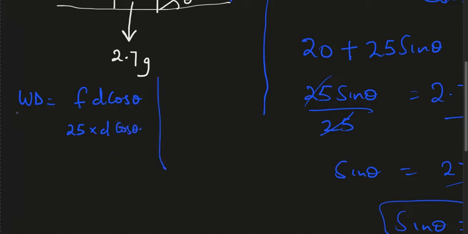So since we know sine theta is equal to 0.8, theta will be the sine inverse of 0.8.